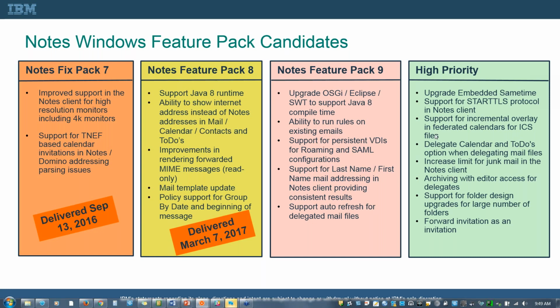As you can see in this agile delivery methodology that we're adopting, past feature pack 9, we have a list of our high priority items. Here's where I'm going to ask for feedback from you, being our customers and having your own users and customers as well.